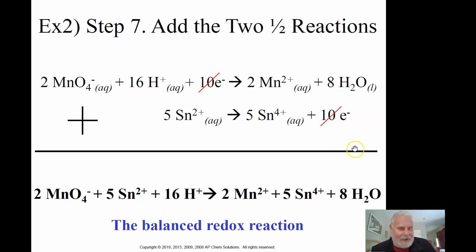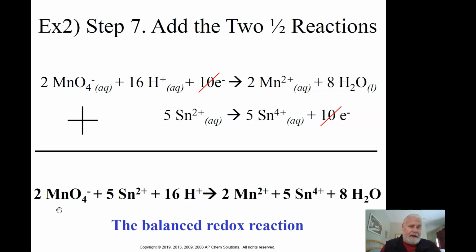Now you will stack them and do a step 7. Do not combine steps 6 and 7. So rewrite that using the correct coefficients, and rewrite that one using the correct coefficients. The electrons will cancel out. There are no other like terms on both sides, so your very complex balanced equation for that original thing, what happens when you put permanganate in this tin chloride?